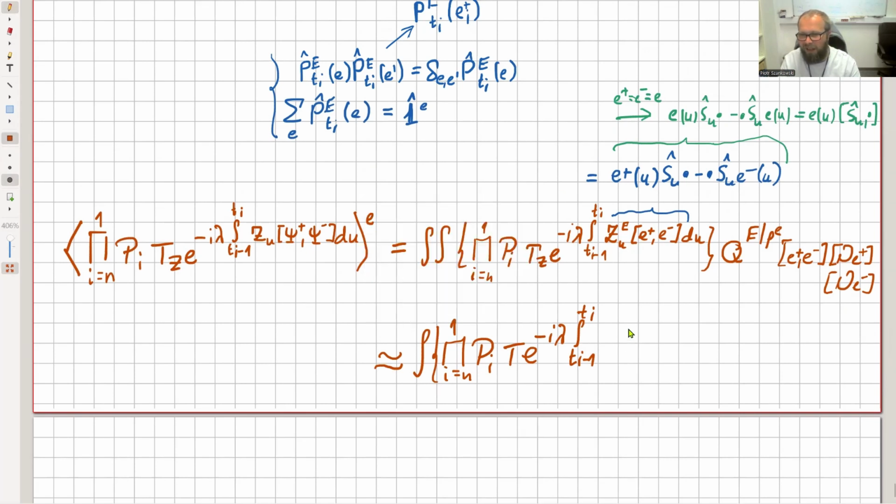So bearing this in mind, this is our surrogate field representation validity criteria.